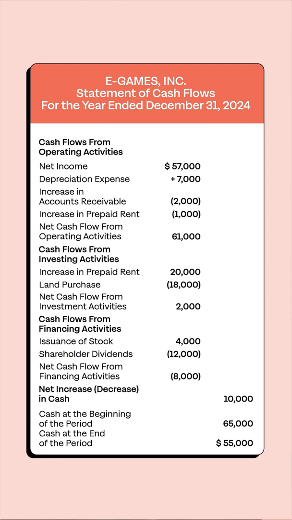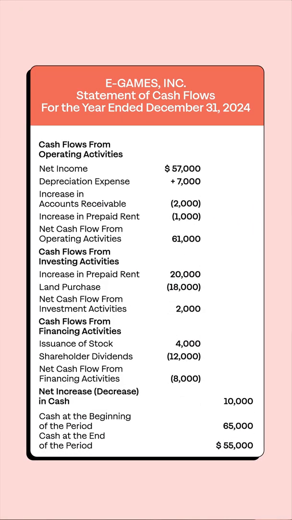The last step in creating Great Tools' cash flow statement is to combine the net cash flows in all three categories and then compare it to the net change in cash as listed on the balance sheet, which we identified at the start of this exercise. Remember that $10,000 number? This is the number we hope our net cash flows in each of the three sections will sum to.